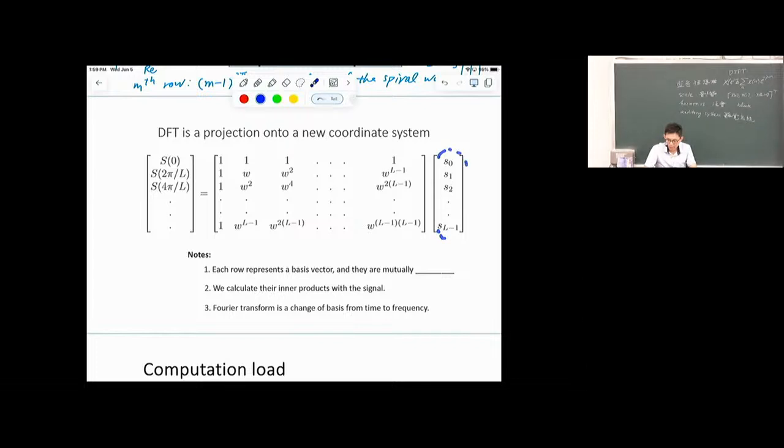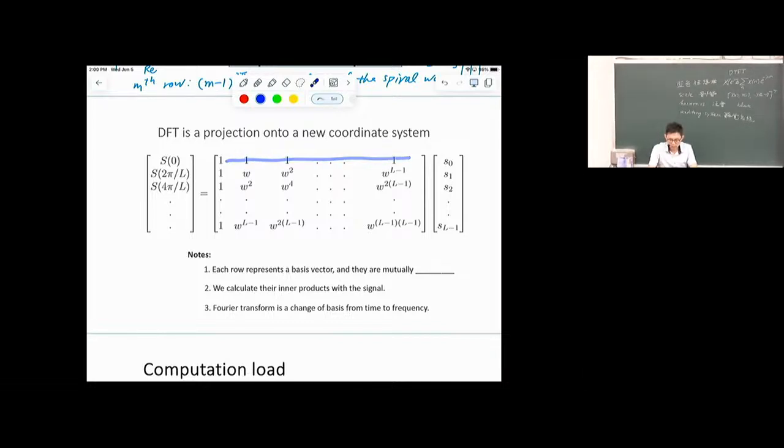This is how we represent the signal in time. But after multiplying with the matrix, we go from the time domain to the frequency domain. And this essentially is a change of coordinates, a change of basis. Now the new basis consists of rows.